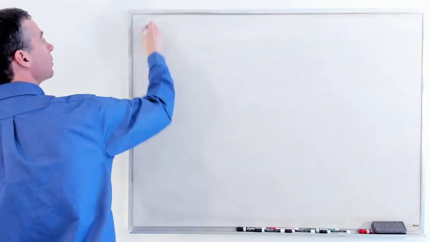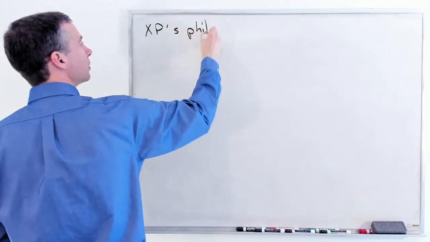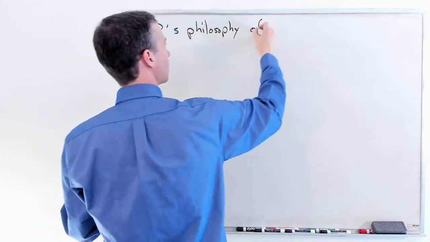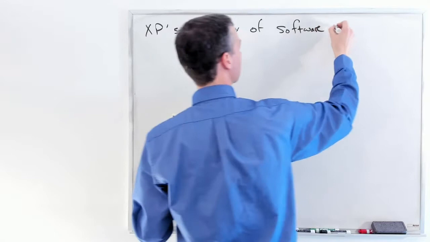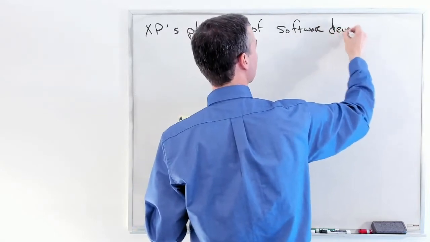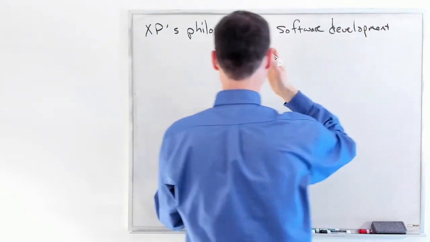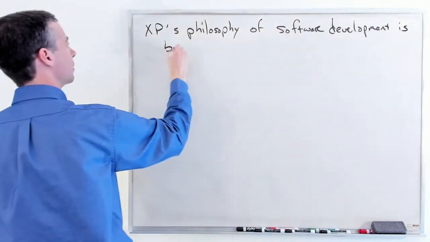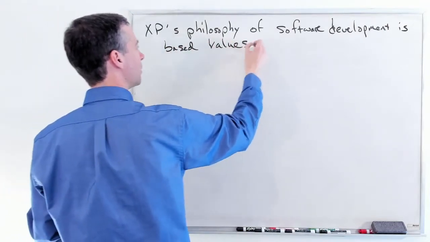So XP's philosophy, which Kent Beck calls a philosophy of software development, is basically based on a set of five values.